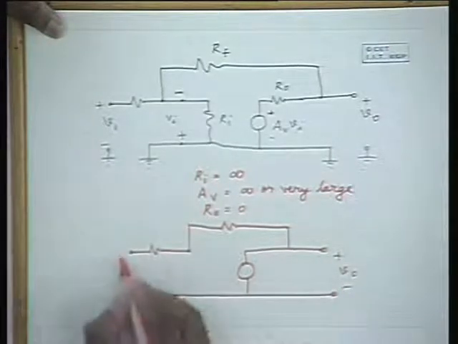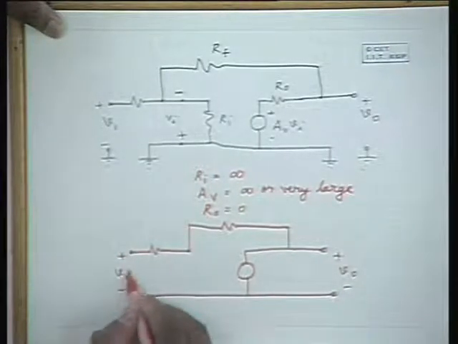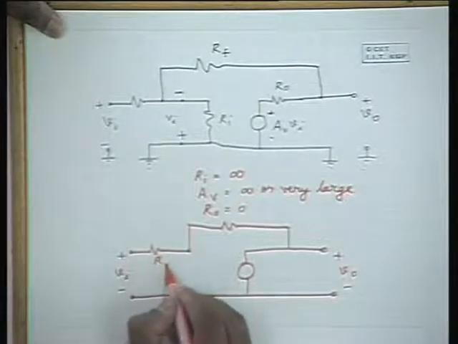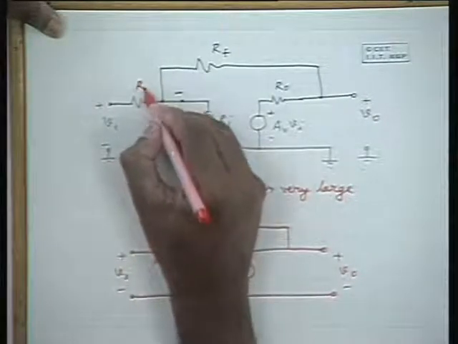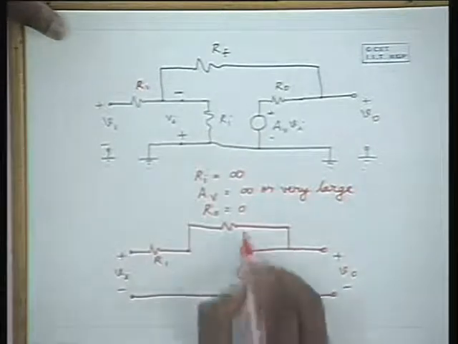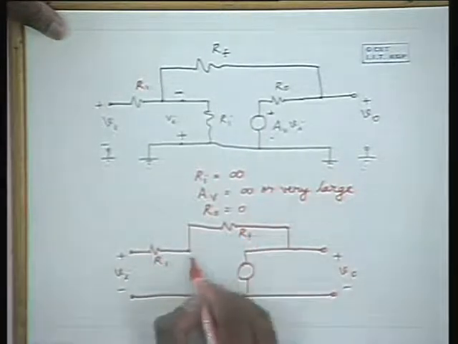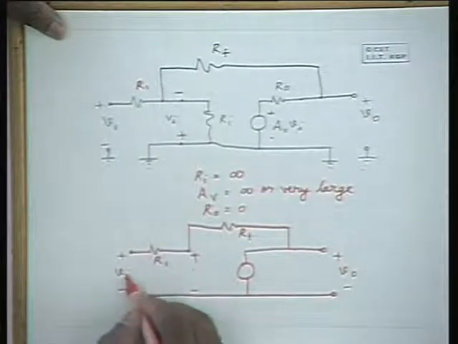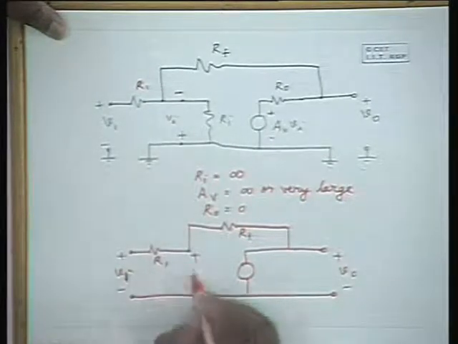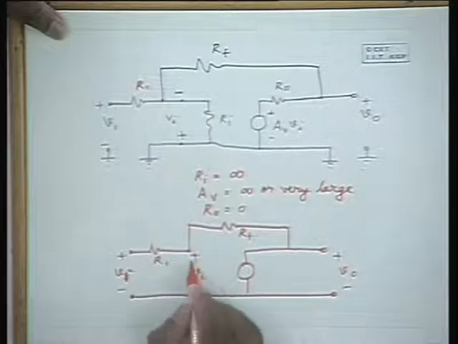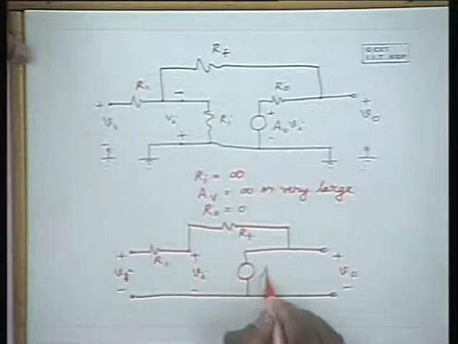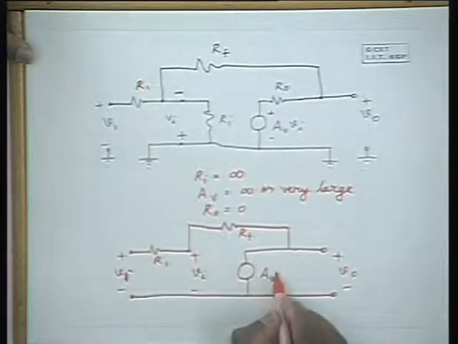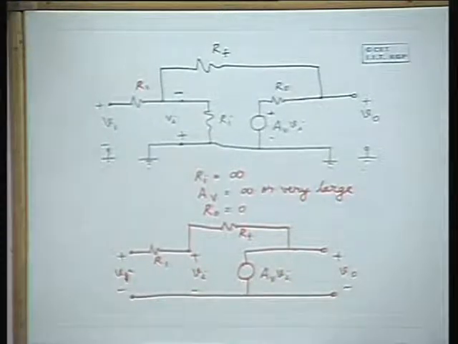So this is the equivalent circuit. Let the equivalent input resistance be R1, and this is RF, and this is the input voltage Vi, this is V1, the input voltage to the amplifier, and this is equal to AV times Vi.